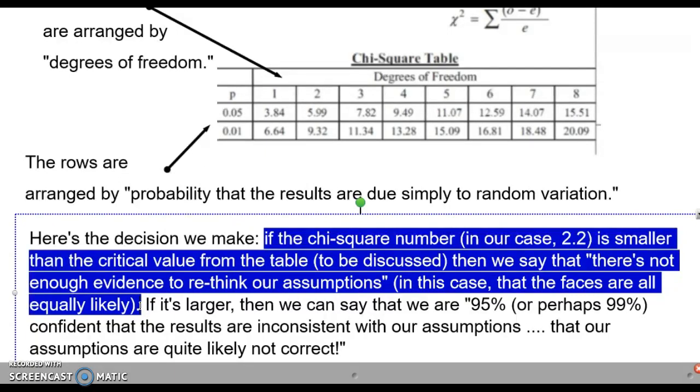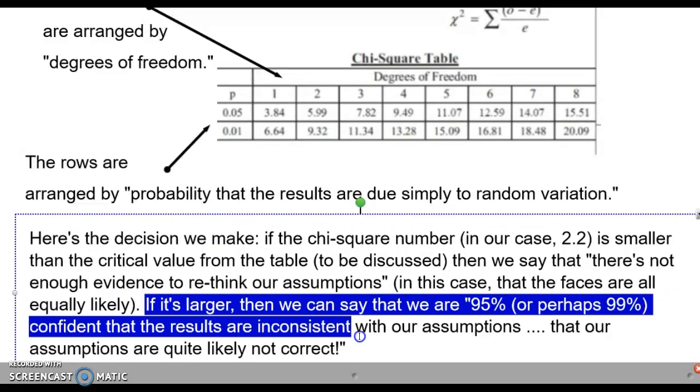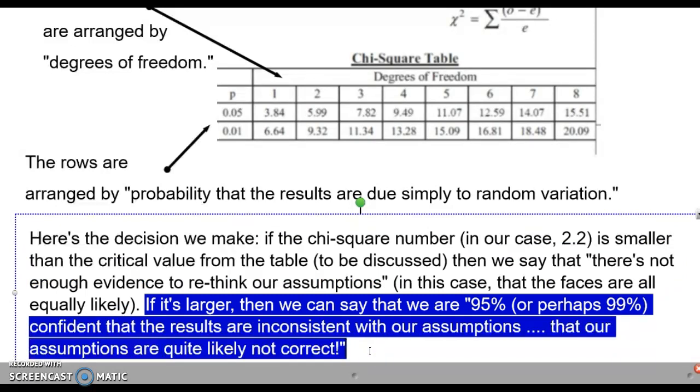Like in our case, we would say there's no reason to doubt that the sides are equally likely. But if it's larger than the critical value, and we'll figure out what that critical value is in a second, then we say that we are 95% confident if we're in the first row here, or 99% confident that the results are inconsistent with our assumptions, that our assumptions are quite likely not correct, okay? So we're just trying to confirm whether or not our assumptions make sense.